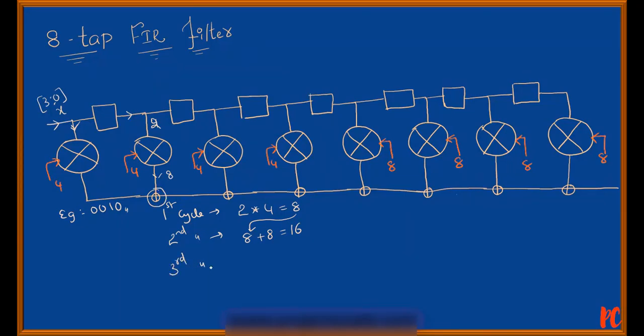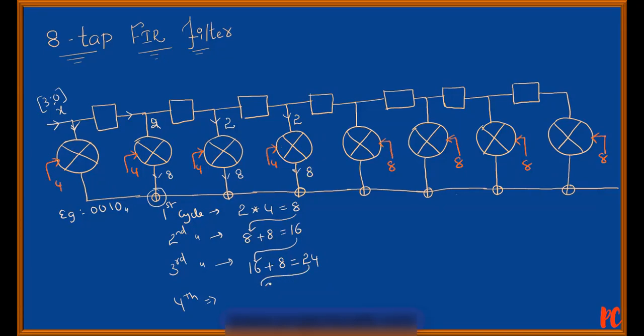For the third cycle, as usual, input 2 comes across and performs the multiplication, and this 16 is added with 8, which gives output 24. Similarly, for the fourth cycle, the same input multiplies and produces output 8.